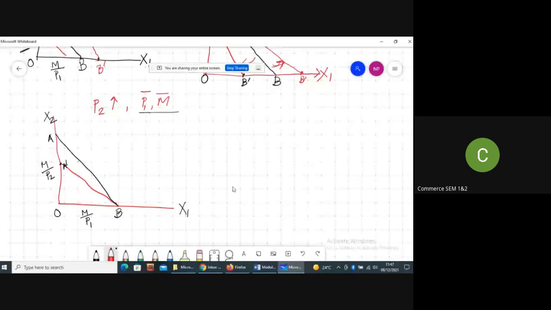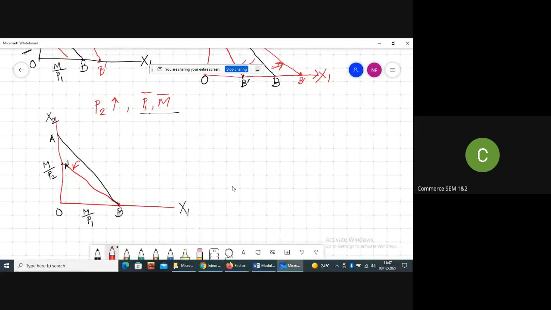So it will rotate counterclockwise around point B. So the budget line will rotate counterclockwise around the point B. Fine? Okay, sir.